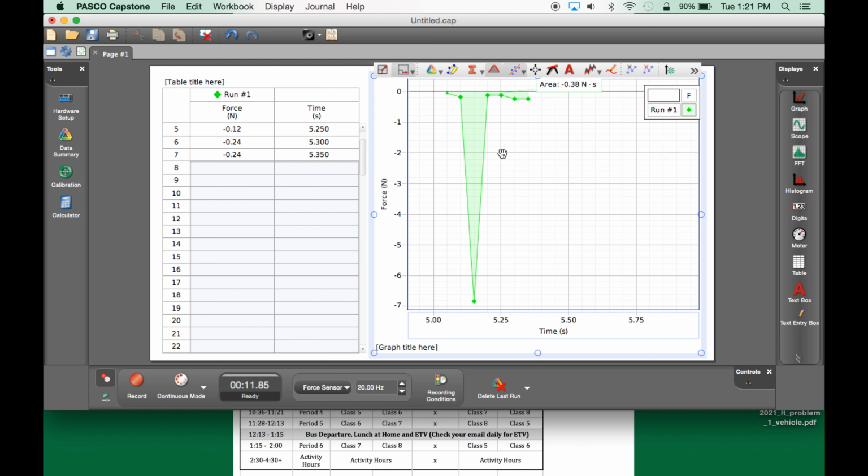Well, area under the curve of a force-time graph is impulse. Force times time is impulse. This is a force-time graph. So it took about 0.38 newton seconds to stop this troll using the string. It took about 0.1 seconds to do it, and it took a little less than 7 newtons of force to do it in that time frame.